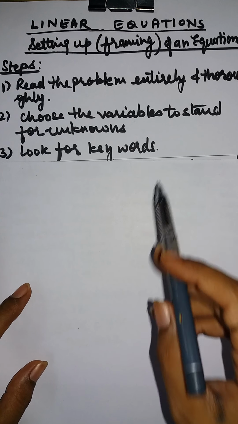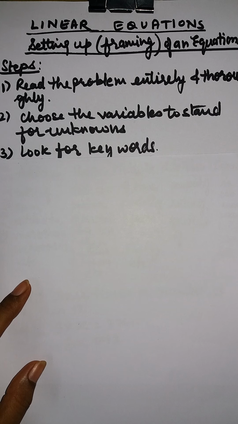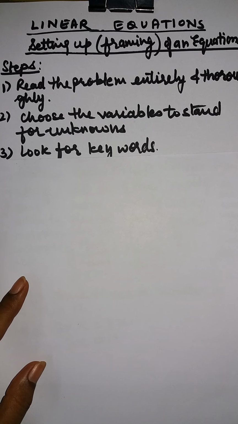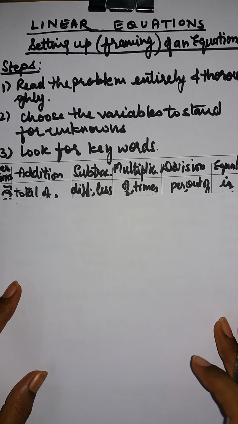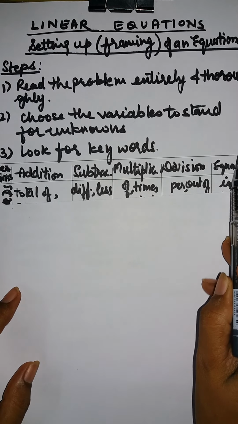look for the keywords. Certain keywords indicate certain mathematical operations. Below is a list: addition, subtraction, multiplication, division and equal to.